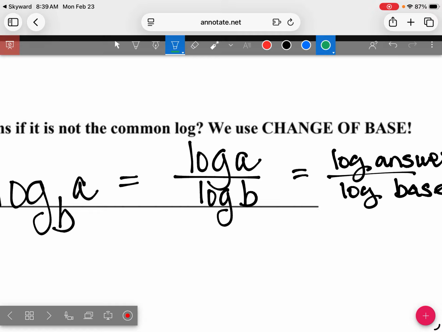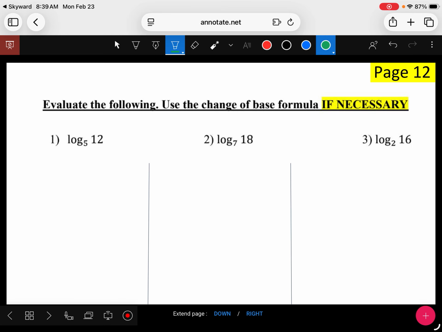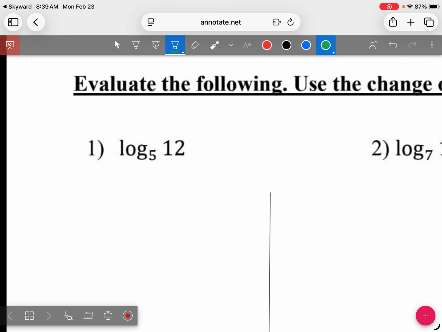All right, let's go. These last 6 go pretty fast. So remember, a log is asking you for the exponent. That's what the log is asking you for. So when I look at this next example, what this is asking us is 5 to what exponent equals 12? Well, we know that we cannot get to a 12 with a whole number. Would you agree?